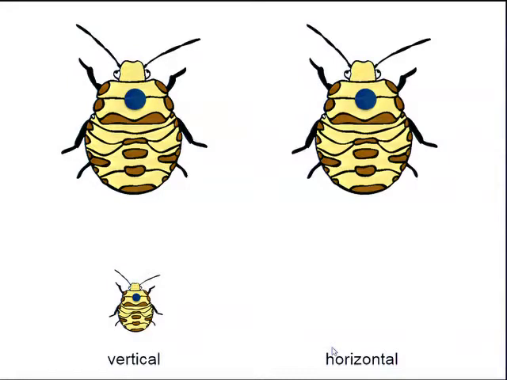In contrast, in horizontal transmission, you can have a symbiont or a microbiome within the parent, but when its offspring are born or hatched, they're usually born or hatched without any bacteria present, or if they are, it's a lot lower than what's in the vertical. And they have to acquire their bacteria or their symbionts from the environment.